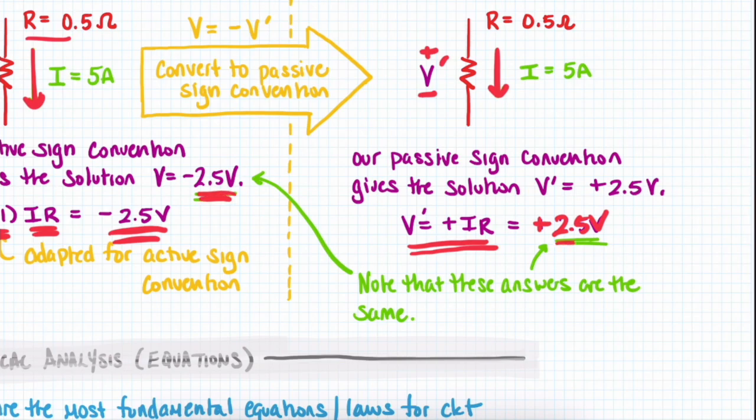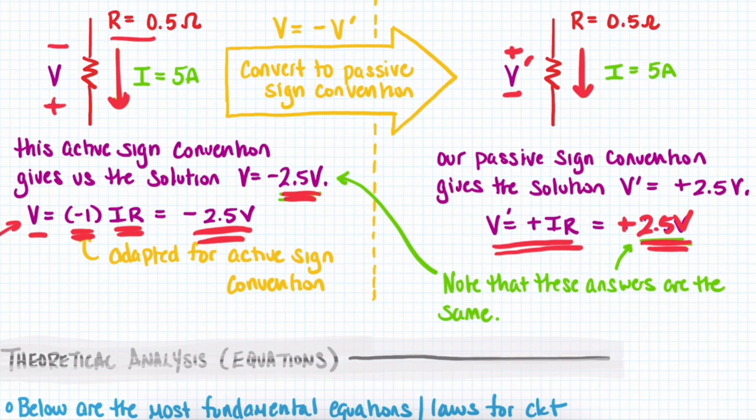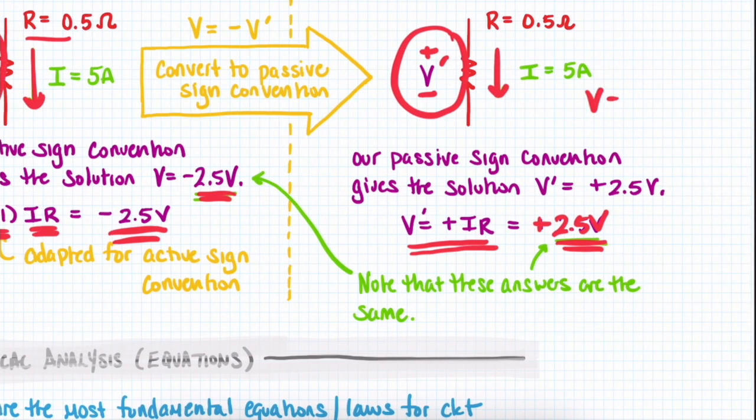We have negative 2.5 and positive 2.5, so this didn't work, right? We ended up with two different answers, except, right, it did. Remember here that the polarity of this V and the polarity of this V over here are opposite. So that means that V equals negative V prime, and as you would expect, negative 2.5 volts equals negative 2.5 volts, and everything works out.